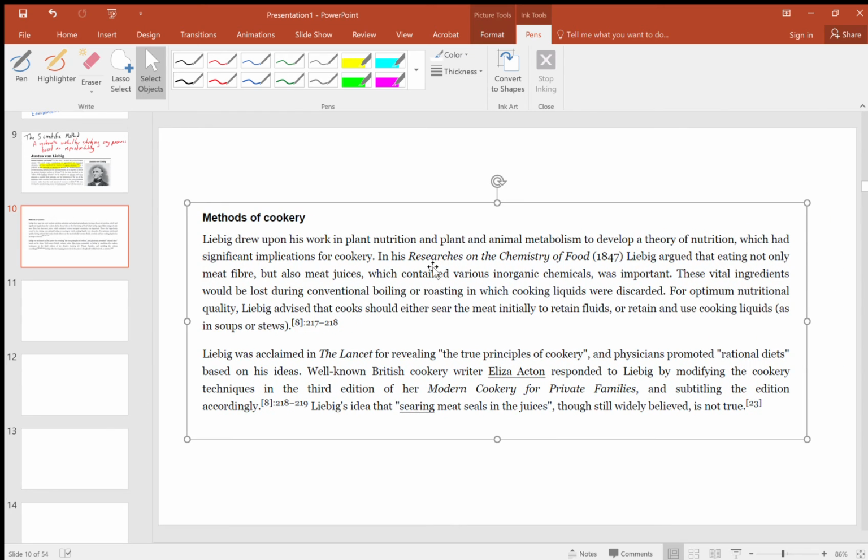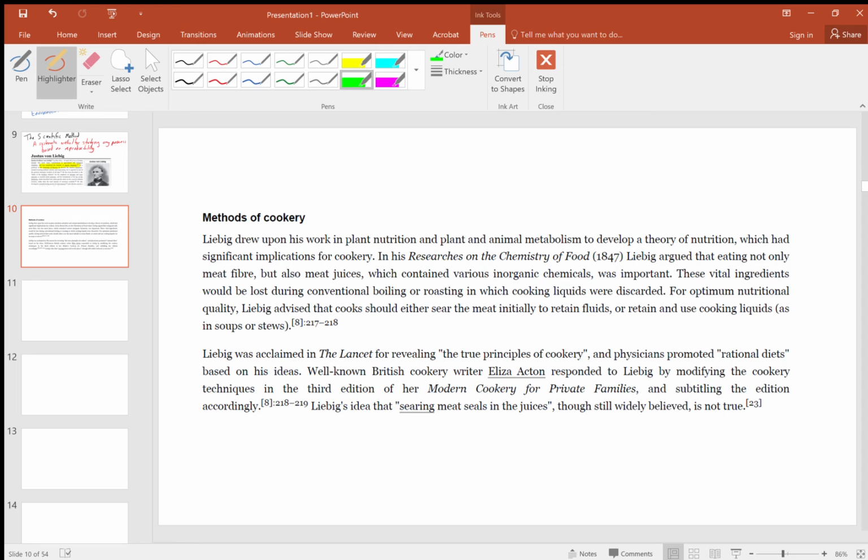So in addition to other things that he did, Liebig got into chemistry involved with food and cooking. If you think about cooking, everything you do when you cook is all chemistry. And so Liebig advised that cooks should sear the meat initially to retain fluids.